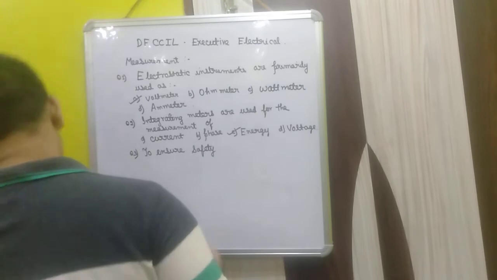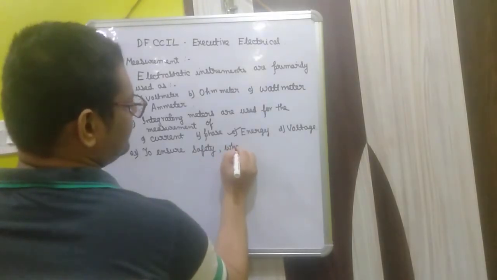what should be the resistance of an earthing electrode?